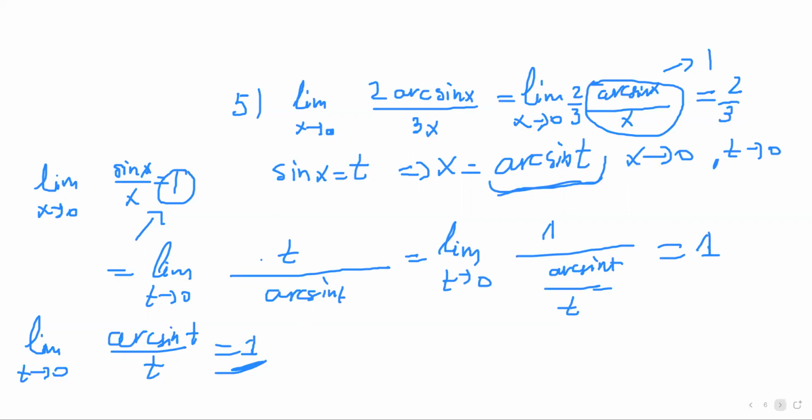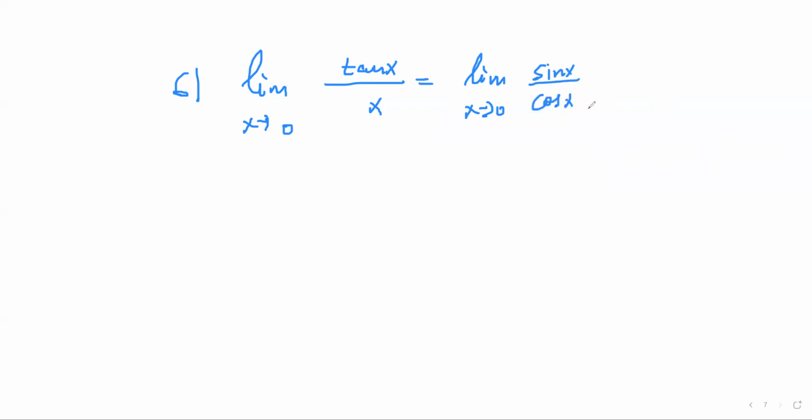We can use the same thing with the tangent function. Let's find the limit as x tends to 0 of tangent x divided by x. Tangent we can write as sine x divided by cosine x, so we can write it as the limit as x tends to 0 of 1 out of cosine x times sine x divided by x.